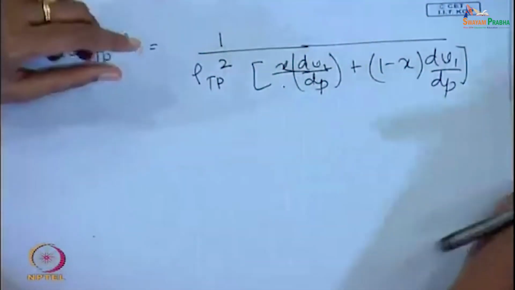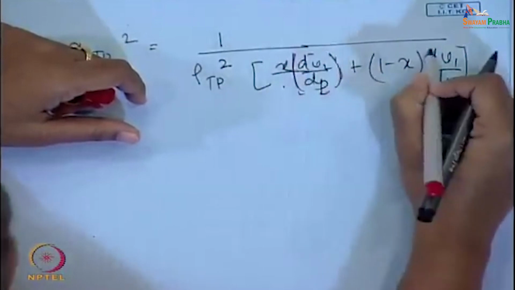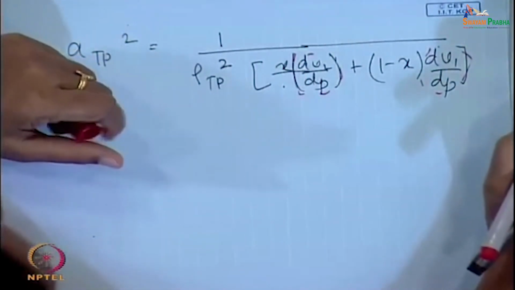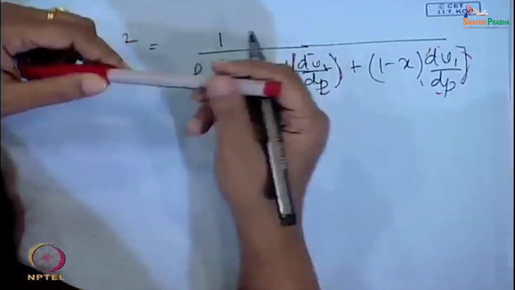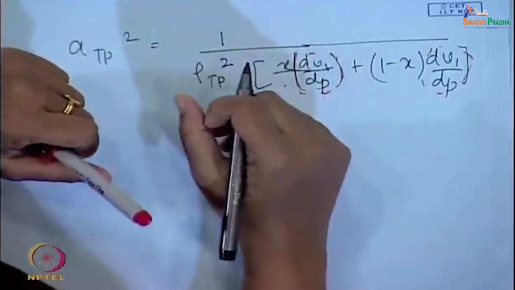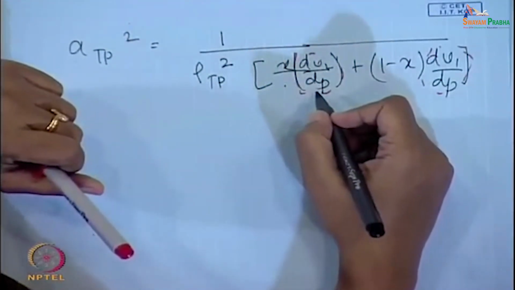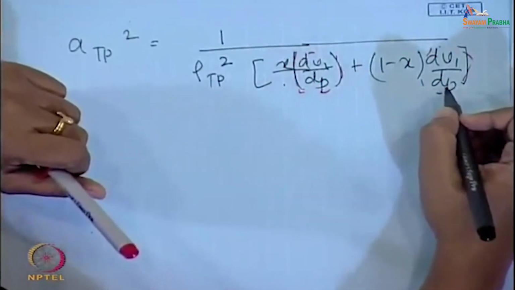Now, what about these terms, dV2/dP and dV1/dP? We have already derived dV/dP, same form this should come. So, these should signify the acoustic velocity in fluid 1 and fluid 2 under these pseudo homogeneous conditions.